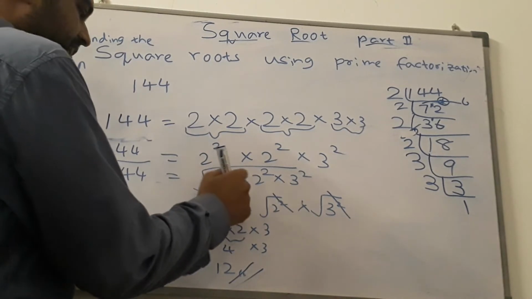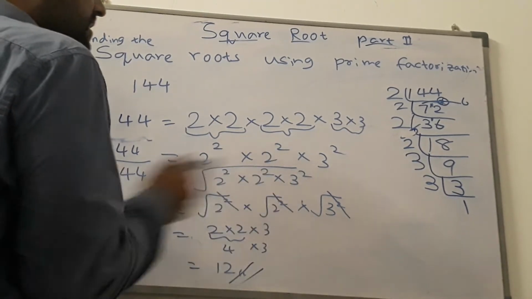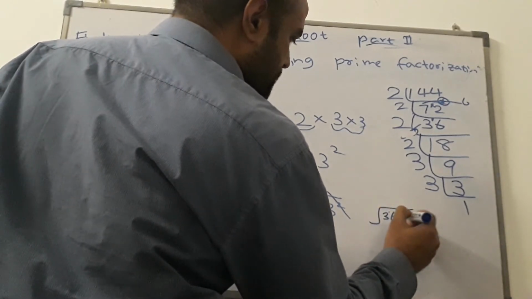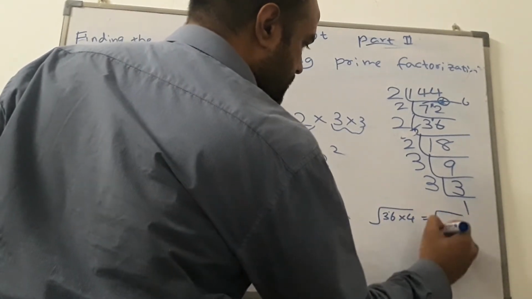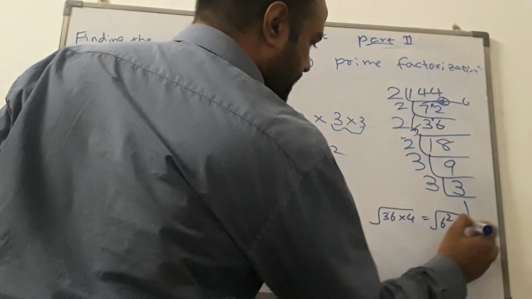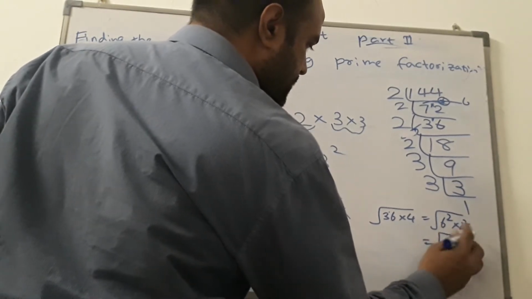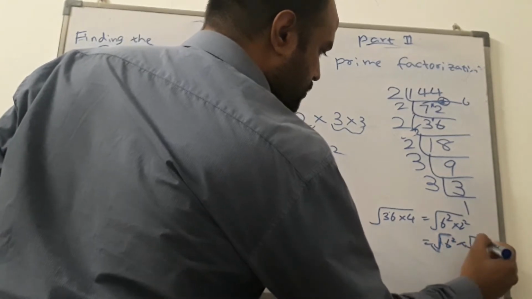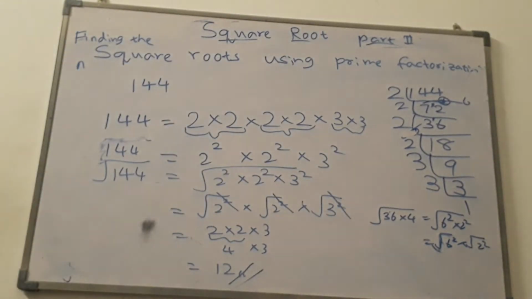Because when there's a multiplication sign, this is equal to like this. For example, 36 times 4 means 6 squared times 2 squared. So we can write it as 6 squared times 2 squared like this. That is how we have to do this. Hence it is 6 times 2.